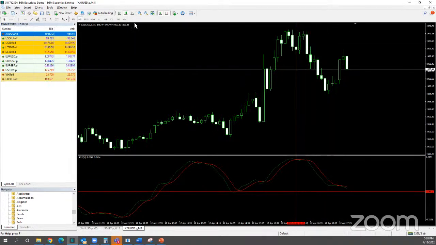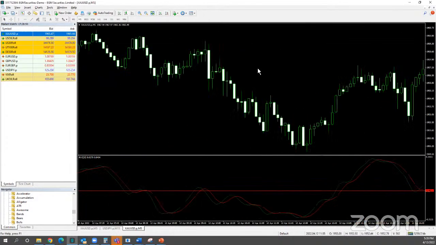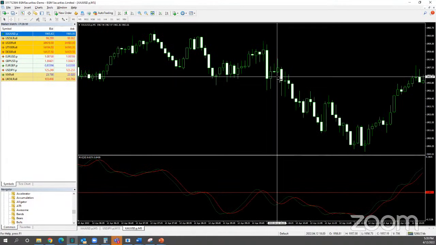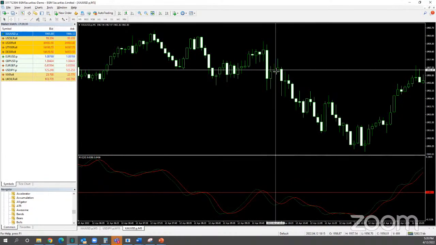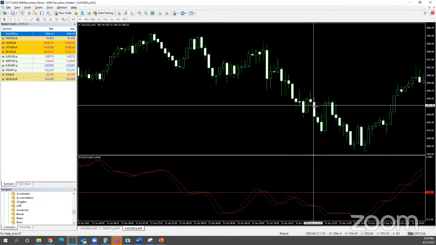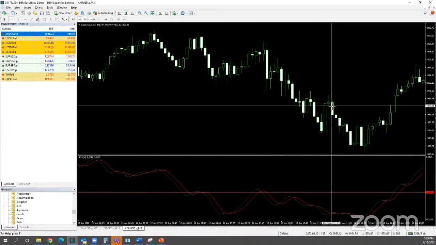Now, let's look at the previous trades. Let's assume that you took a bearish trade from this area. The moment they cross above each other, that's my exit. So this trade went all the way down. If you look over here, it never crossed back again all the way until this candle.